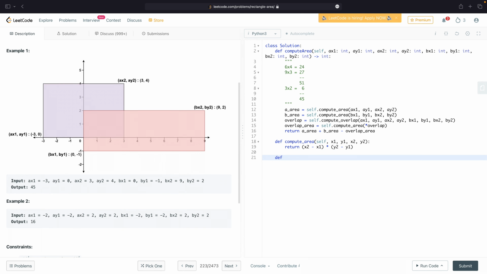And then finally it's def compute overlap self ax1, ay1, ax2, ay2, bx1, by1, bx2, by2.